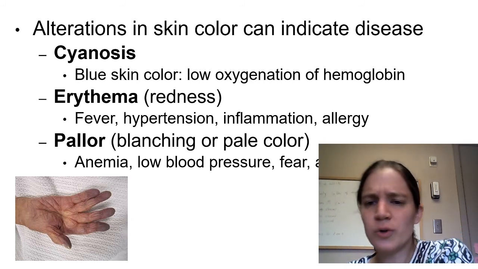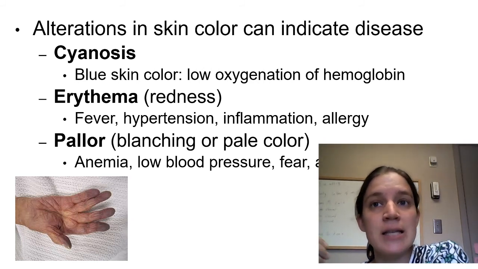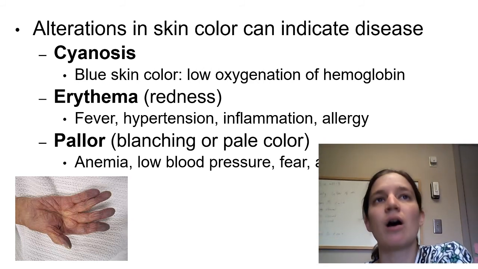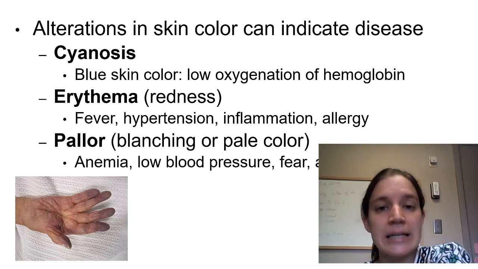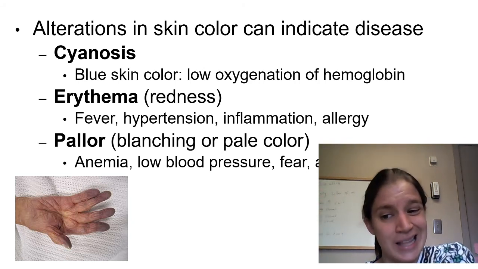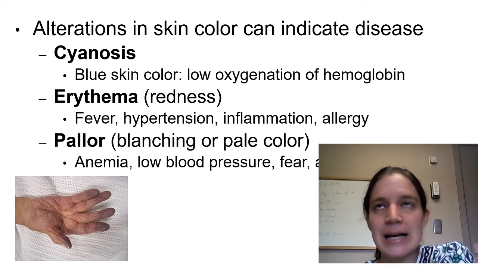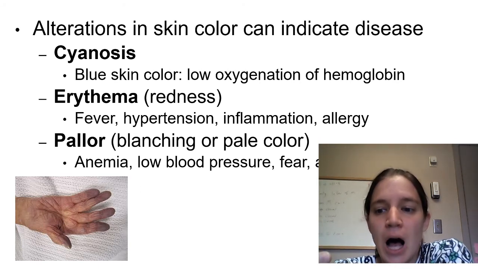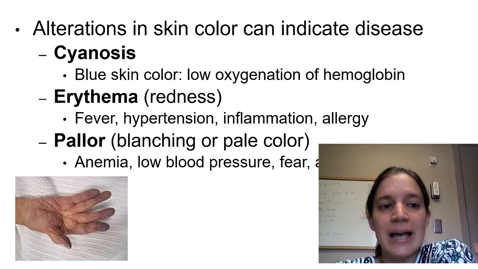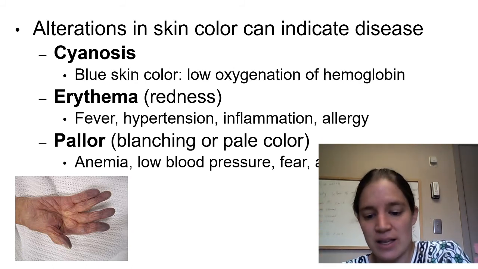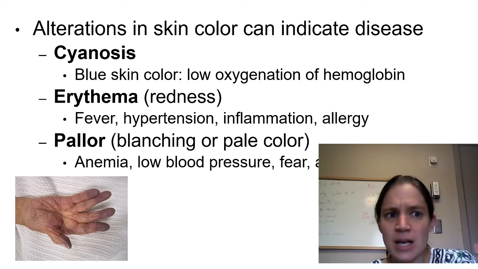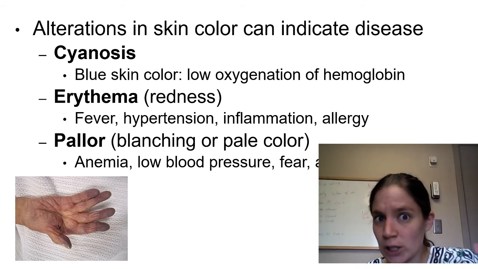Now, alteration of skin color can indicate disease, and you can see these alterations of skin color on light-skinned people and dark-skinned people. For the slides, it's easier to see on light skin, so I've put them here as that. I do recognize it comes up, like cyanosis, not having enough oxygen, can happen regardless of skin color.